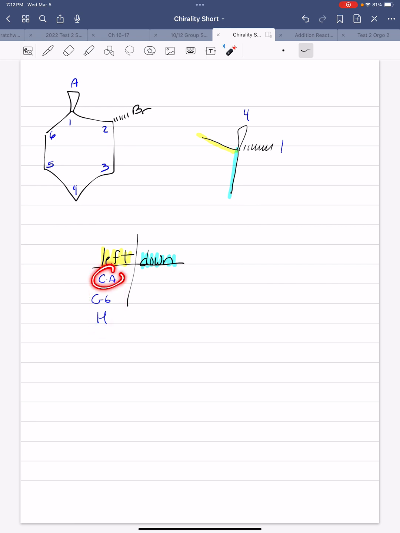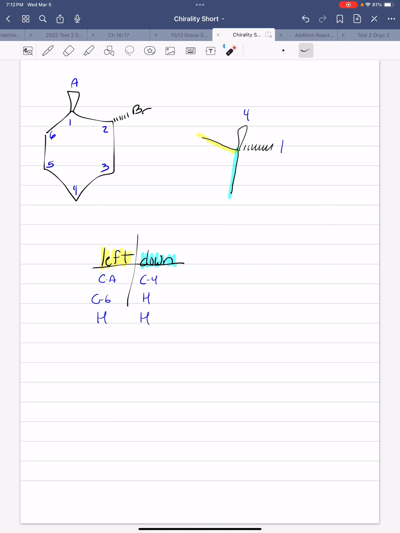You're gonna do your heaviest atom based on atomic weight at the top, down to your lightest, okay? And now we're going to ask the same question for carbon 3. So we're going away from carbon 2. We're analyzing this down pathway. And if I was to say, tell me everything that's attached to carbon 3, not named carbon 2, you would say, oh, it's carbon 4, and it has 2 hydrogens.